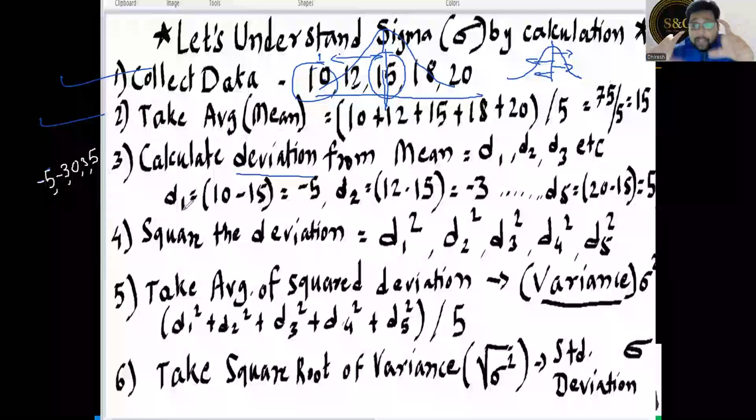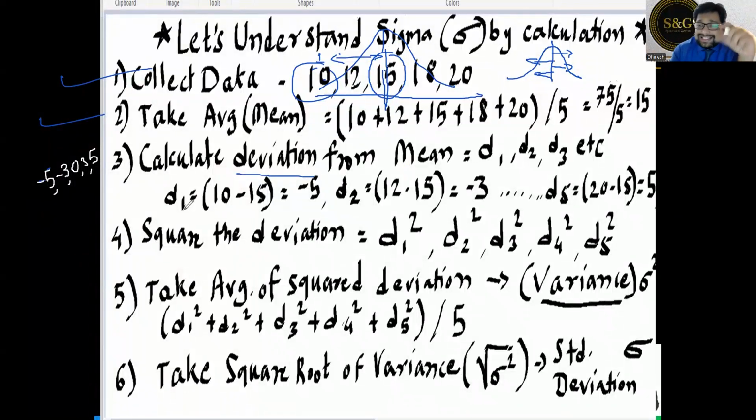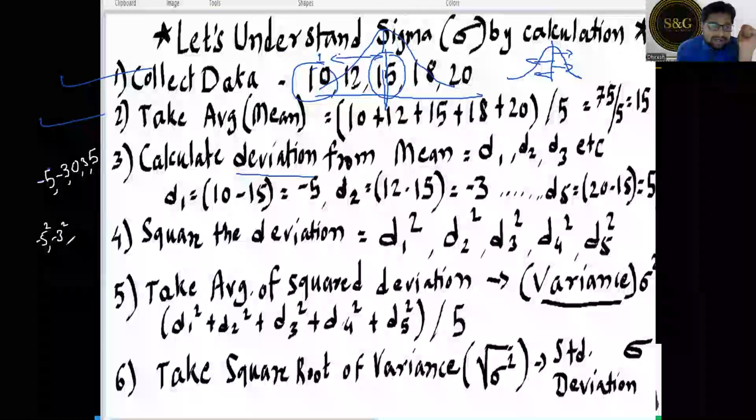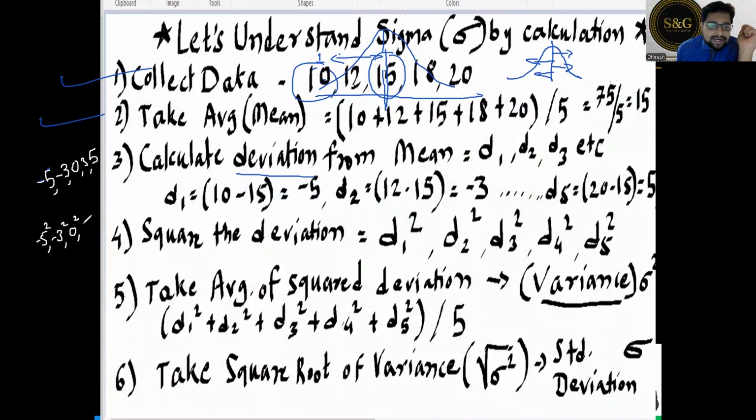Are you understanding? To overcome this challenge, statisticians take the square of the deviation. Why do they take the square? Because the square of any value is a positive value. That is the reason they take -5 square, -3 square, 0 square, 3 square, and 5 square.